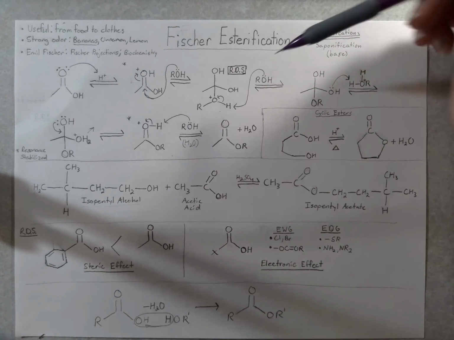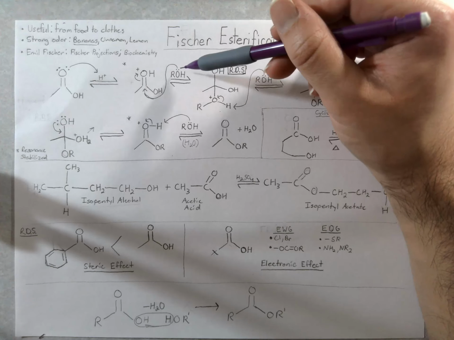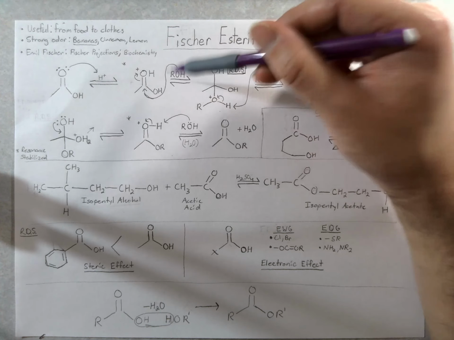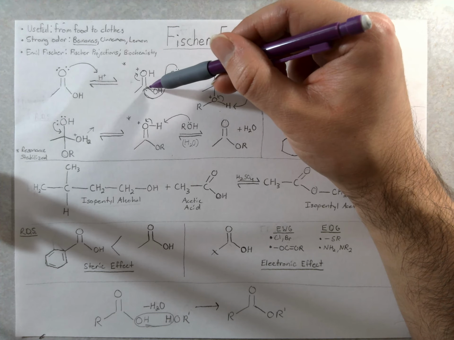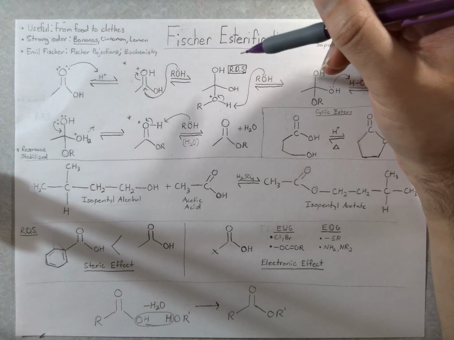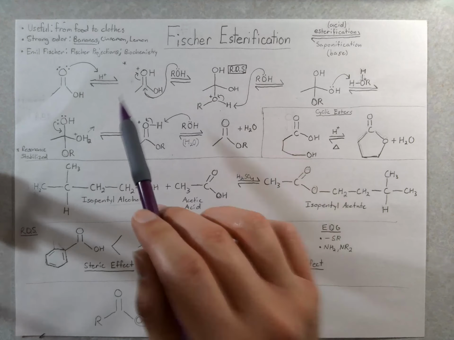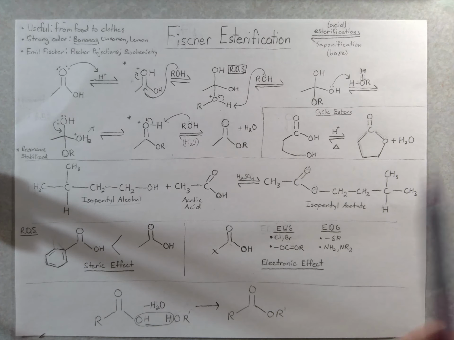So back to the rate determining step. With this rate determining step, with the nucleophile attacking the carbonyl carbon and attaching itself, the more electrophilic you can make this carbonyl carbon, the more easily this nucleophile can attack, then the quicker this reaction will proceed. So it can be influenced by both steric effects and electronic effects of the substituent.